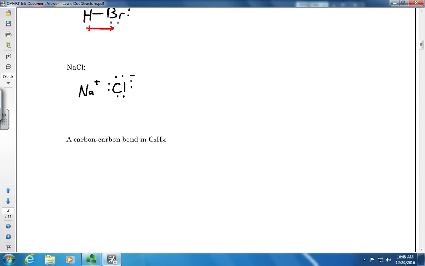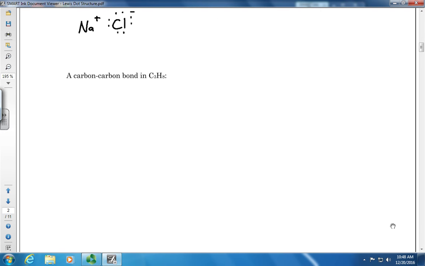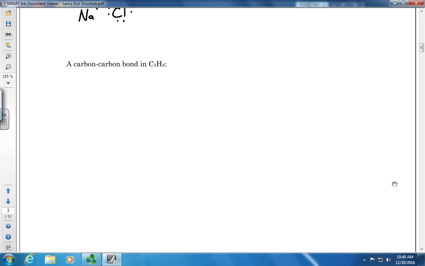So now let's take a look at our last example, which is the carbon-carbon bond in C3H8. That's propane, if you don't know your molecule yet.